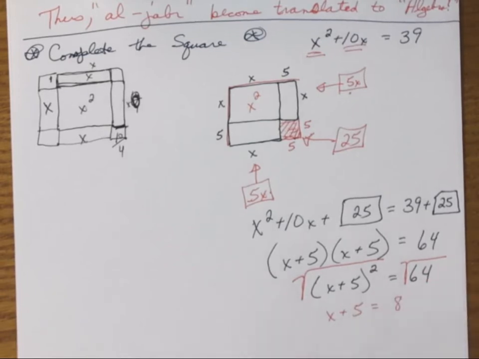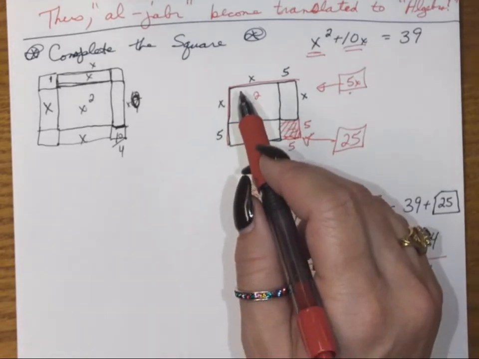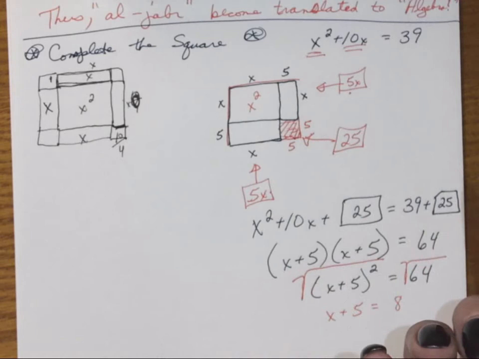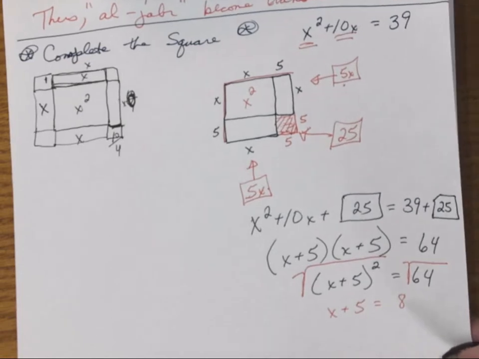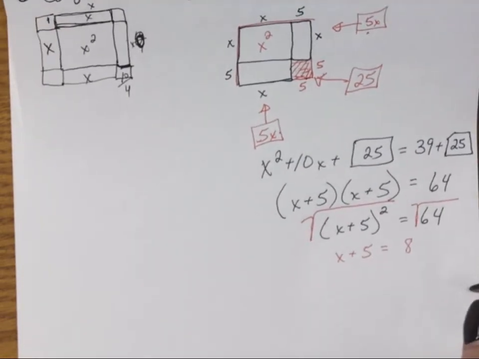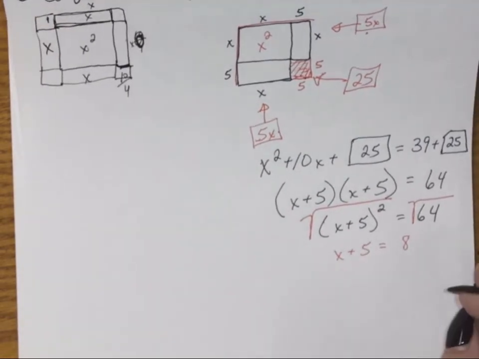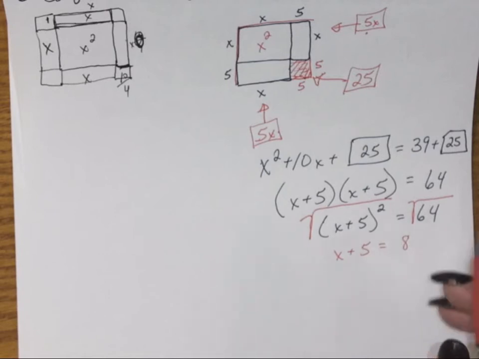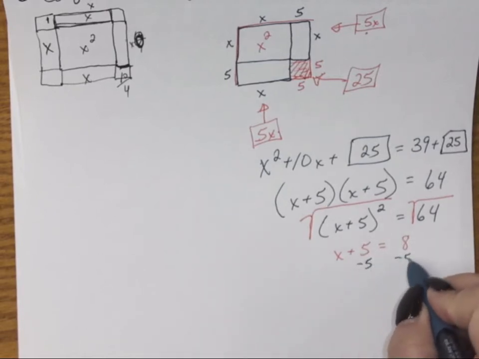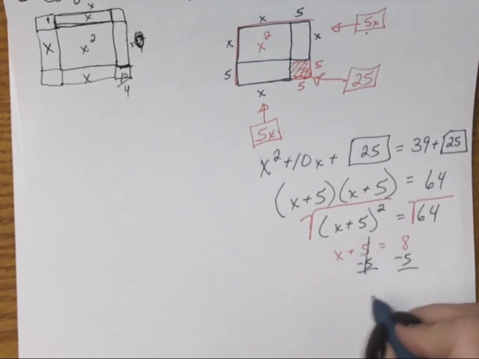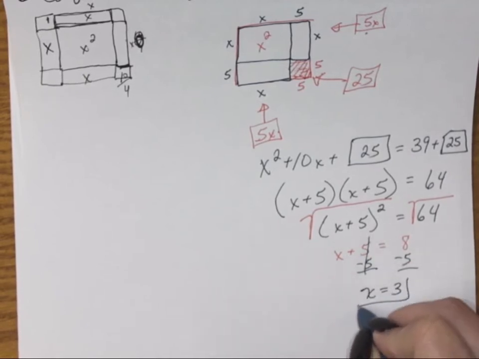For our purposes, we are only using the positive, because we're dealing with a geometric shape and looking at its area, so I'm trying to fill in dimensions. All of those are going to be positives. I would not have a side length that's a negative 8, right? Then I'm almost done. All I need to do is subtract 5 and use my al-Muqabala. That guy goes away, and I've got x equals 3.